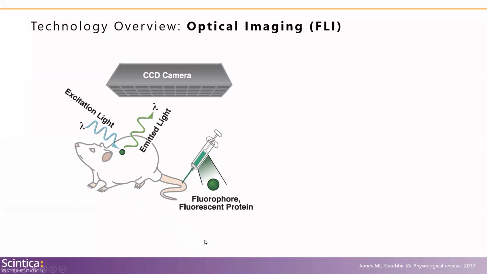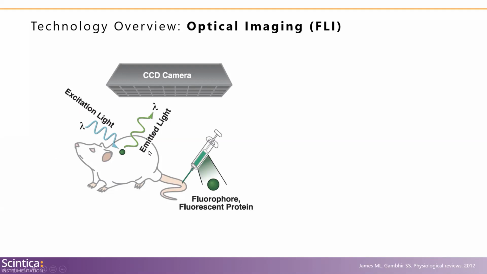So for fluorescence, following the administration of a fluorescent imaging agent, so this can either be a fluorophore or a fluorescent protein, the excitation light of appropriate wavelength is used to illuminate the subject. In the case of using a protein such as GFP, you do need to consider that you would need to first engineer the cell line of interest to express GFP, or you could purchase a transgenic animal that already expresses that gene of interest, and then you would illuminate the subject.